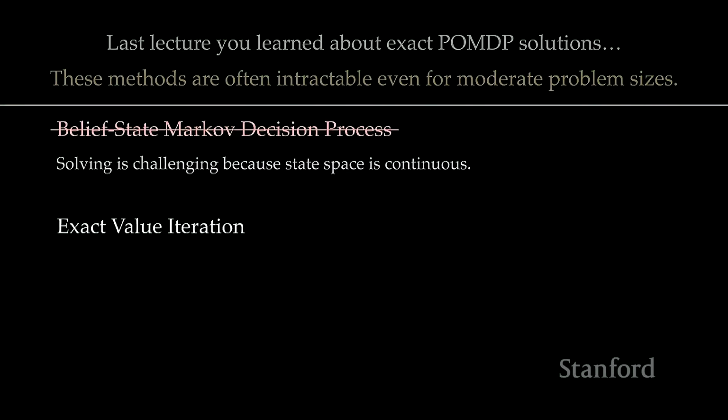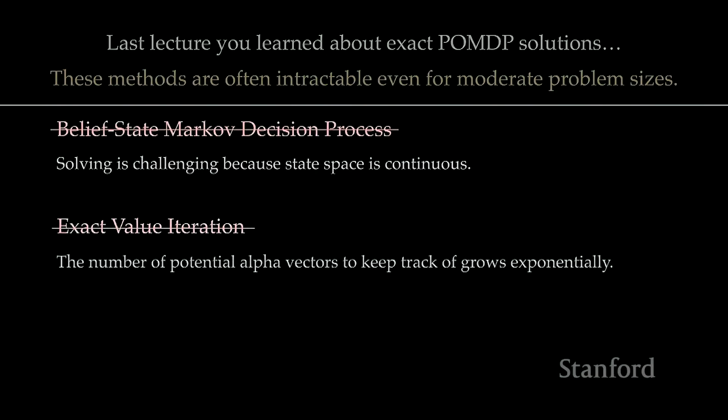The other option for solving PBVIs exactly is exact value iteration. When you talked about this last time, you were probably talking about conditional plans and alpha vectors. And you probably quickly saw that the number of alpha vectors that we had to keep track of grows exponentially with the time horizon. This becomes intractable super fast.